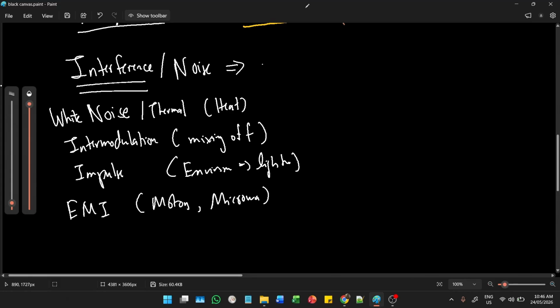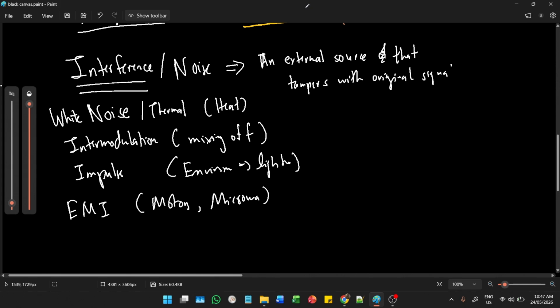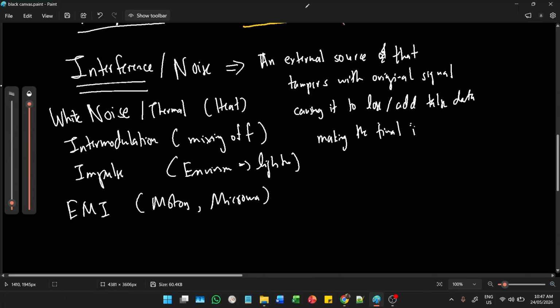Well, my answer is it is an external source that tampers with the original signal, causing it to lose and false data, making the final interpretation of data impossible, right? So this is my answer that I have memorized.